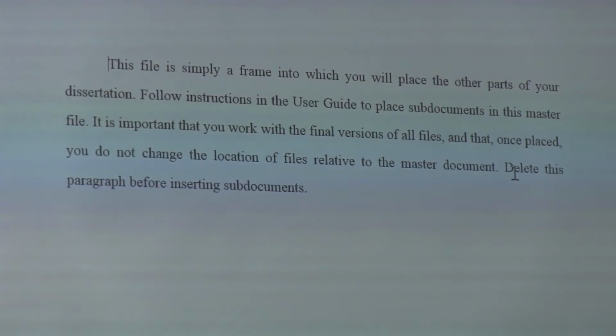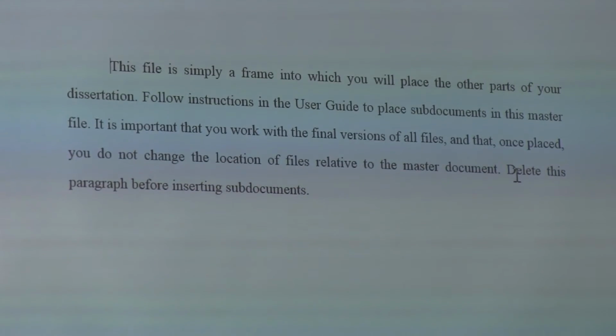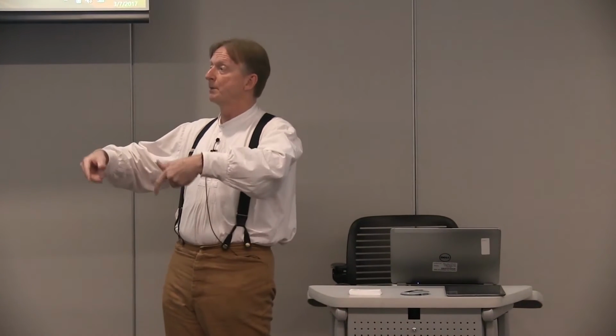So that can be most anything. Some people upload videos if it's part of their project, or if you have a lot of large data tables or something that's hard to show in the document, you could save all those as a separate file and then upload that as your supplementary material, and then in your text say refer to supplementary file blah blah blah.